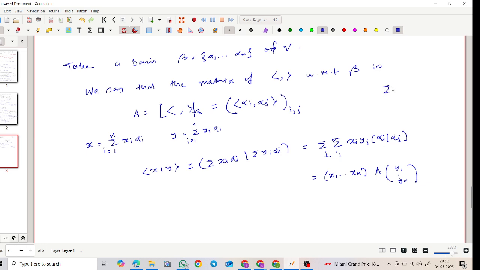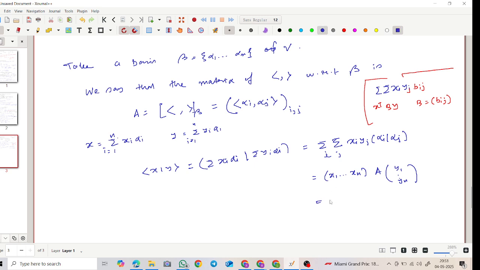What is xi yj times the entry aij? It is nothing but x transpose A y, where A is this matrix. That's what we have written.